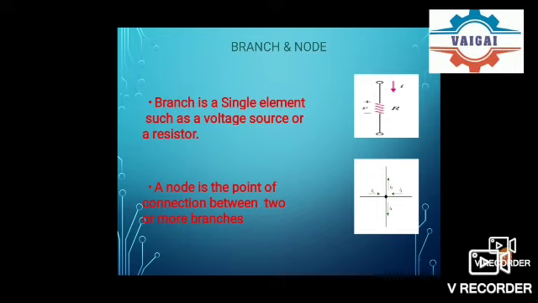The currents I1 and I2 are the incoming currents. The currents I3 and I4 are the outgoing currents. So, node is the point of connection between two or more branches.